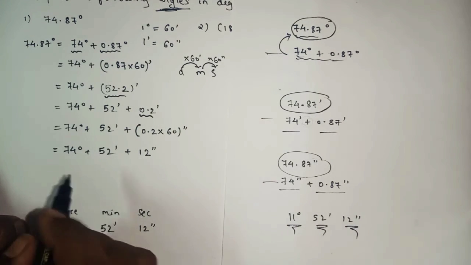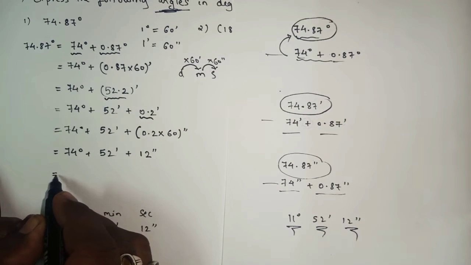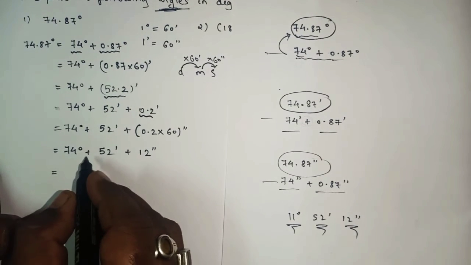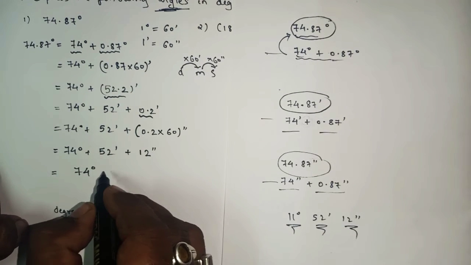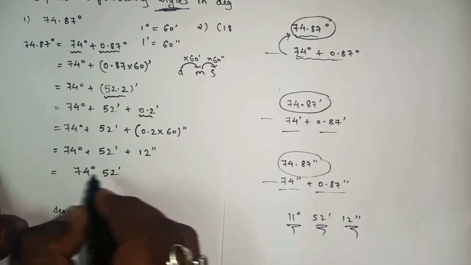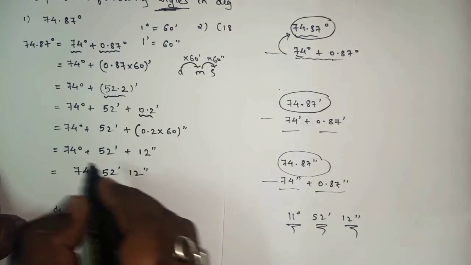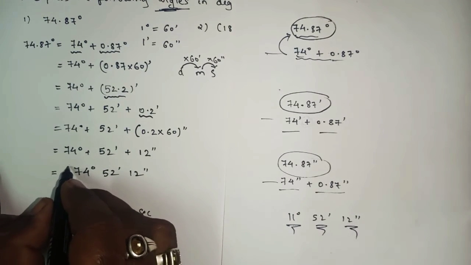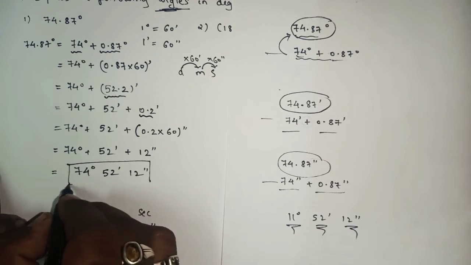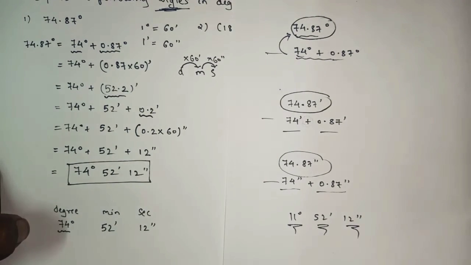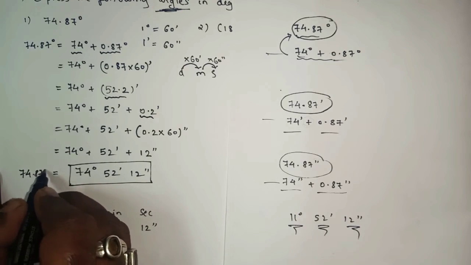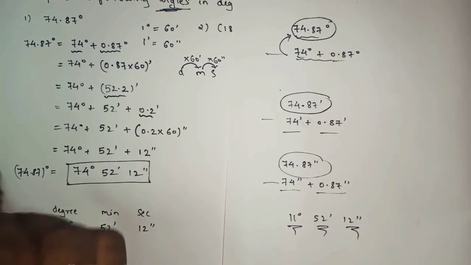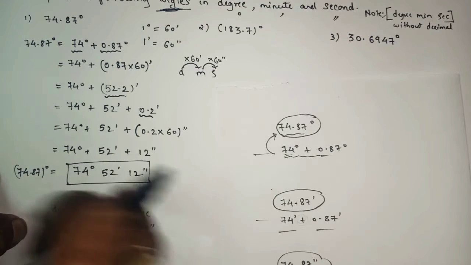So now we can stop our process and we can write the final answer as, and we can read this as 74 degree 52 minute and 12 seconds. Simply remove this plus and you can read this as 74 degree 52 minute and 12 second. So in this way you will convert your angle in terms of degree, minute and second.